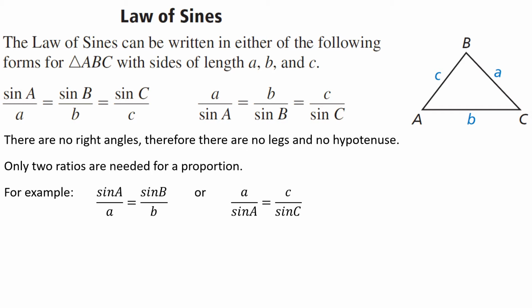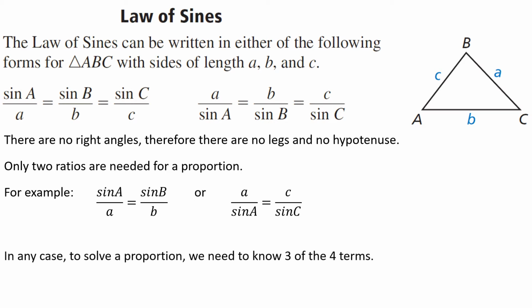So two ratios form a proportion. And how am I going to decide if I want the sine of the angle in the numerator or the length of the side in the numerator? It'll depend on what we're looking for. Whatever I'm looking for, I want that in the numerator. It makes life a little bit easier. So if I know three of those four terms, I can solve the proportion quite easily.